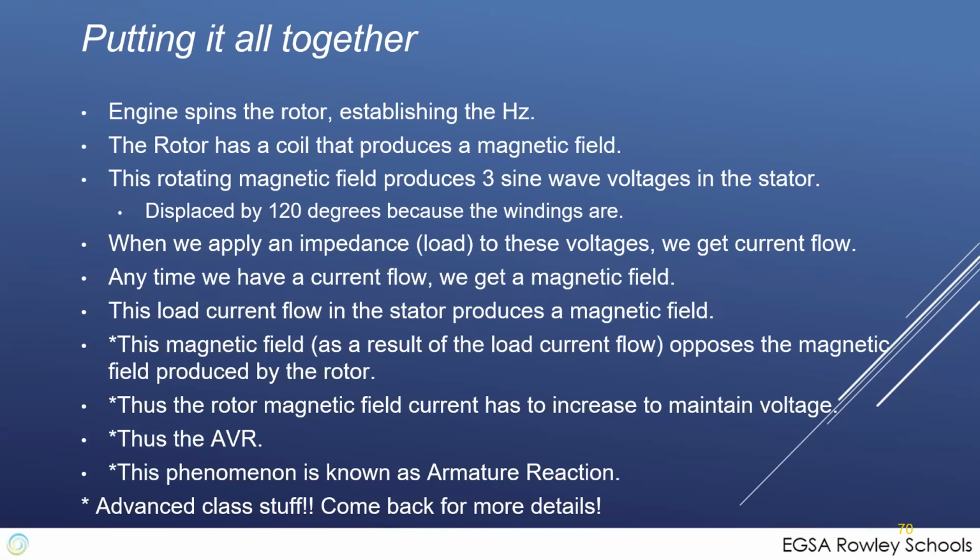So what that boils down to is that you run a low value of field current to produce the rated voltage at a low load or zero load. It doesn't take much current to produce full voltage.